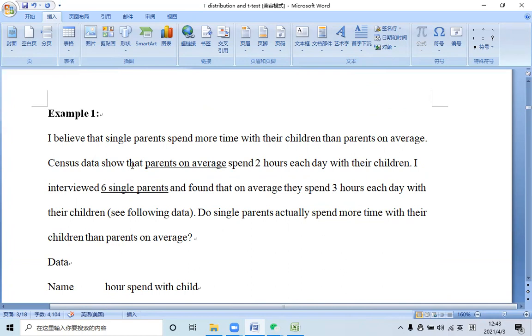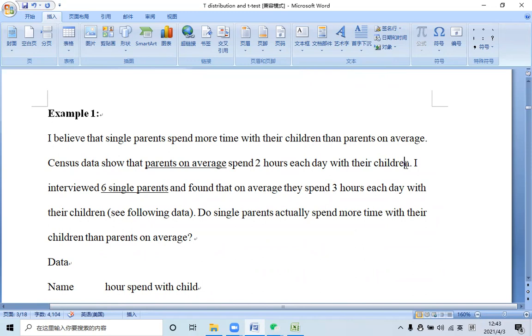So the census data shows that parents on average spend 2 hours each day with their children. We know that on average, average parents spend 2 hours with their children, but we don't know the standard deviation. We have no idea about the standard deviation of the average parents. We don't know. In this case, we use a t distribution.